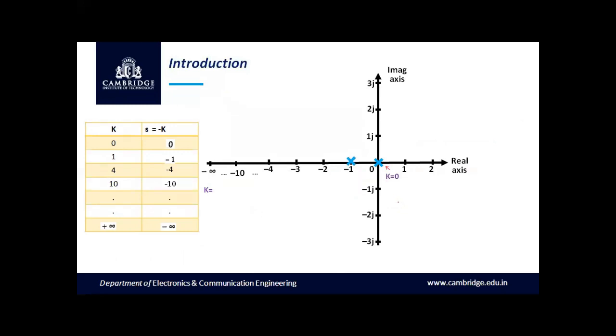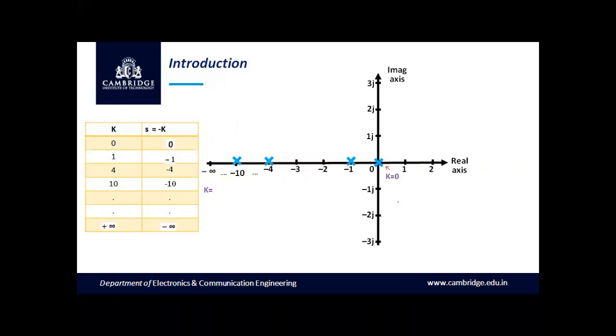And when K is equal to 4, I get a root exactly at s is equal to minus 4. And when K is equal to 10, I get a root exactly at s is equal to minus 10. And when K is equal to plus infinity, I get a root exactly at minus infinity.